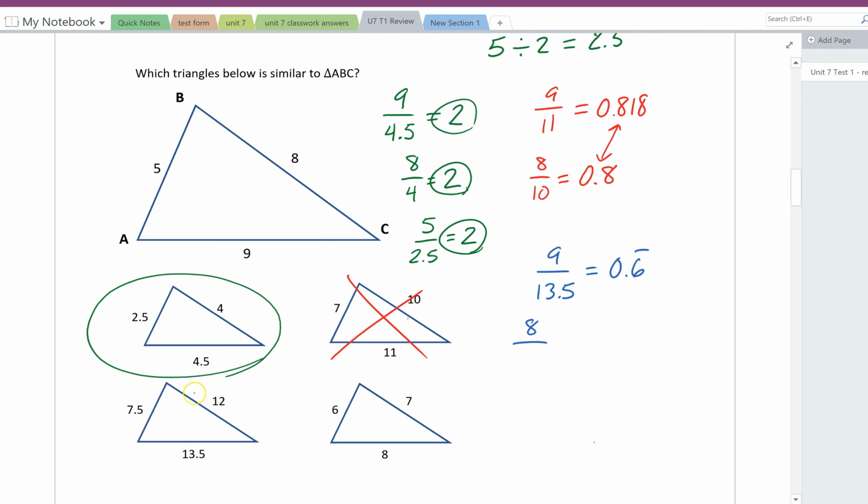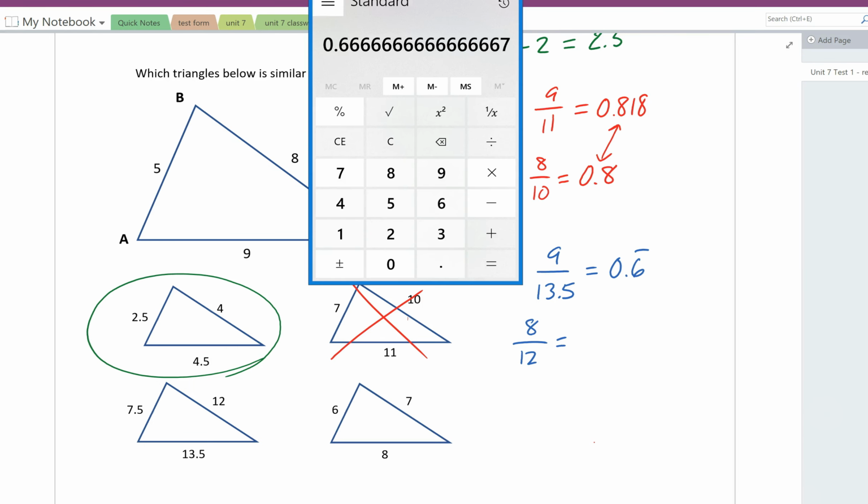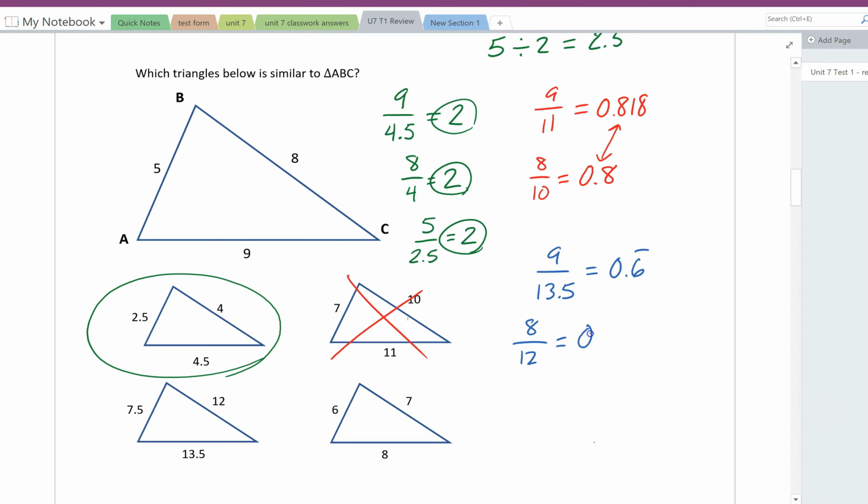The side that corresponds with it is 12. 8 divided by 12, 0.6 repeating. Last one, BA or AB is 5. The side that corresponds with it down here is 7.5. 5 divided by 7.5 is going to be 0.6 repeating, so this one is similar.